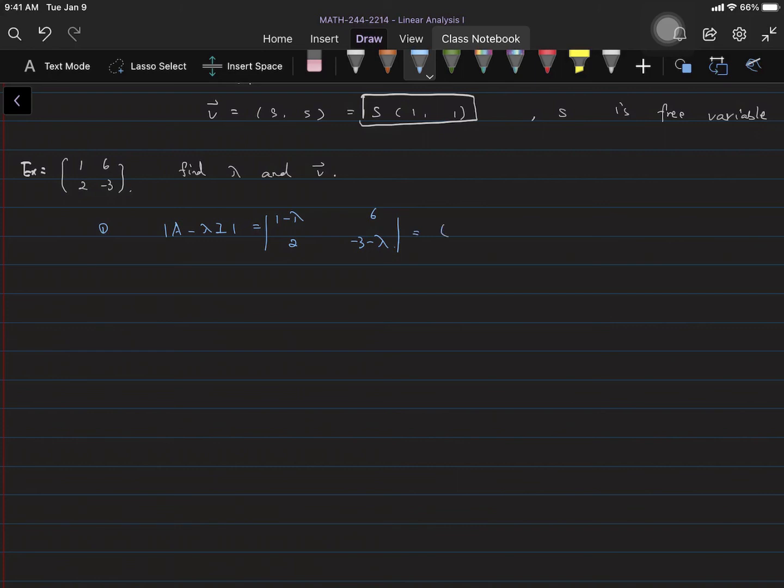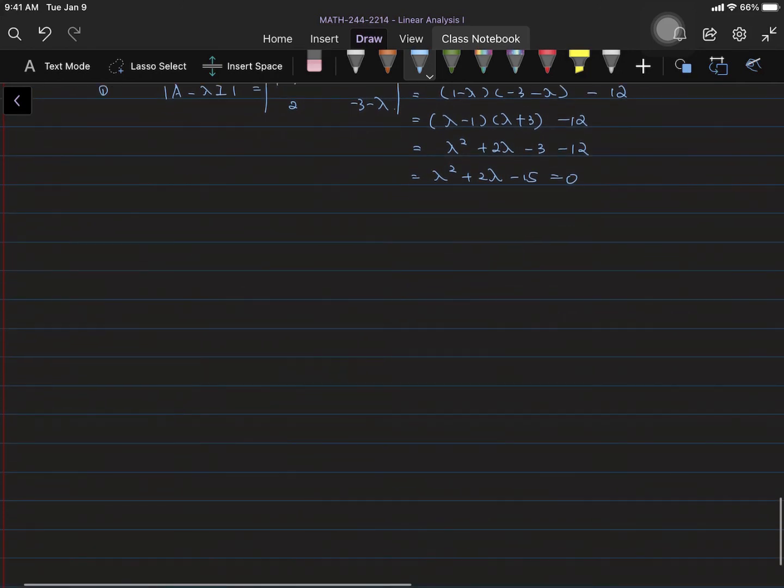This equals (1 minus lambda)(-3 minus lambda) minus 12. As before, I simplify this to (lambda minus 1)(lambda plus 3) minus 12, because this is easy to do the product: lambda squared plus 2 lambda minus 3 minus 12. Simplify: lambda squared plus 2 lambda minus 15.